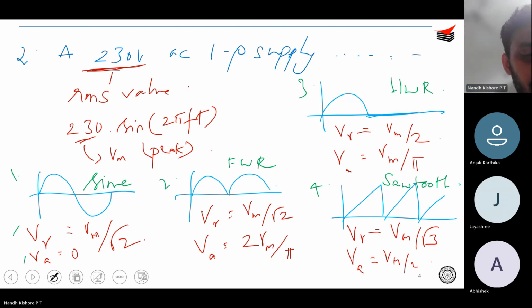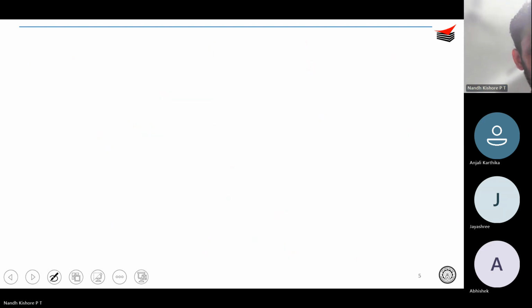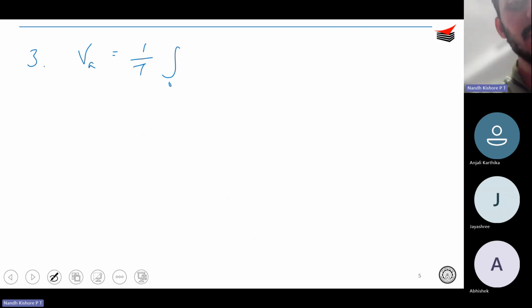fine. By the way, what's the definition of VRMS and V average? Let me go over here. So V average is given as 1 by T integral 0 to T f of t dt.